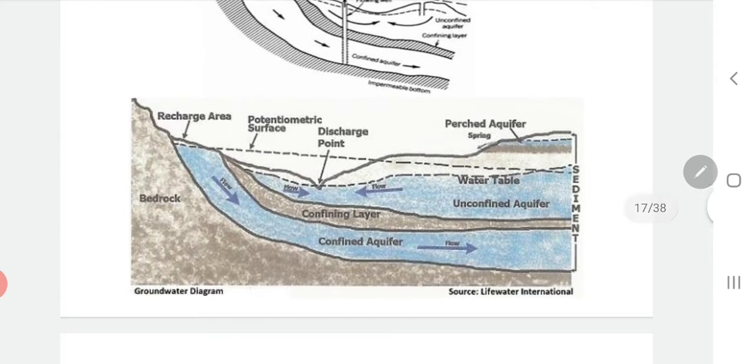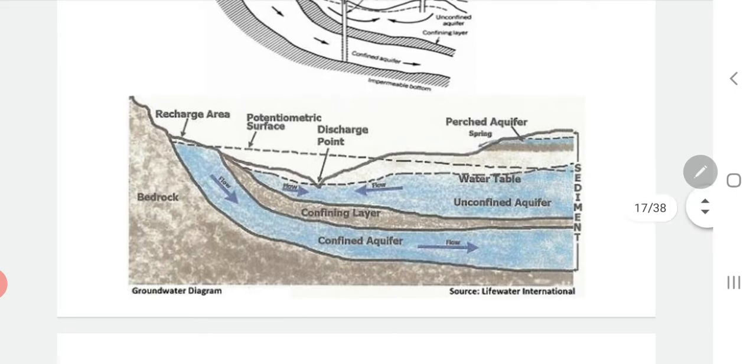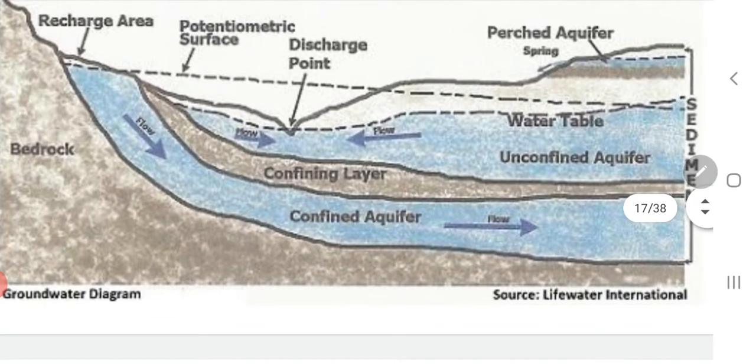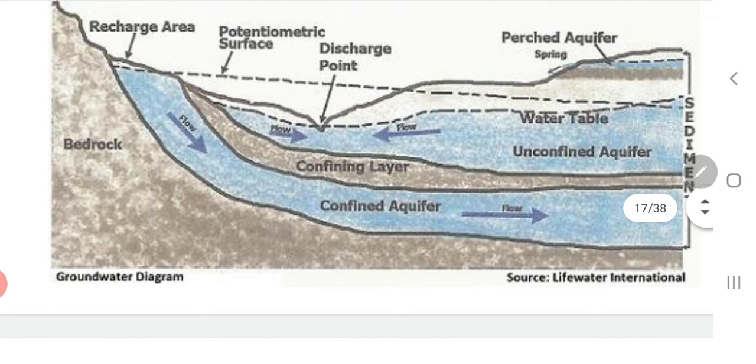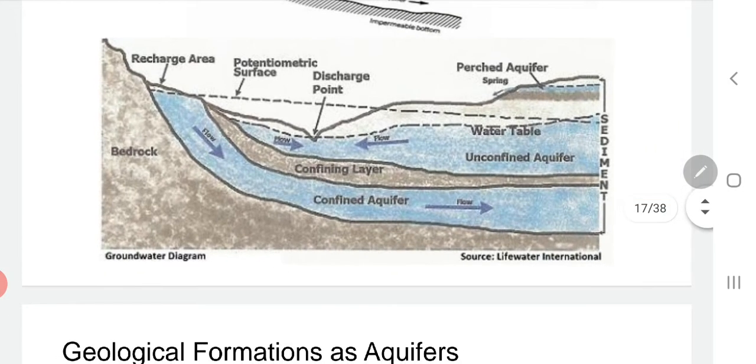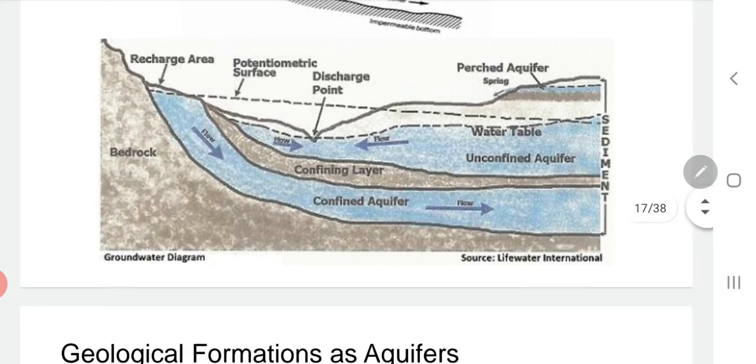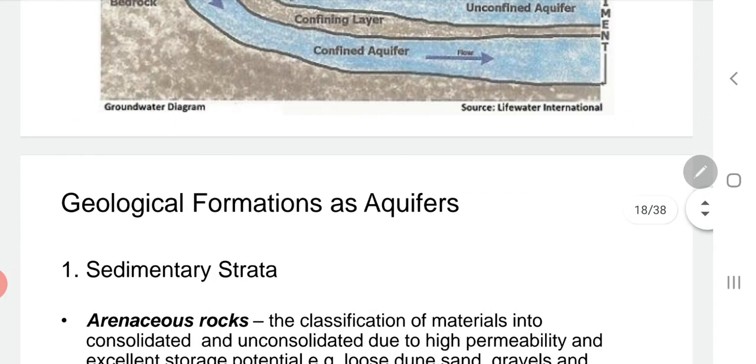For a confined aquifer, you have two definitive layers, so that we can define this aquifer as confined. So in this picture, you have the upper layer that confines the aquifer, and then you have bedrock underneath. These are two definitive layers, and we call this area a confined aquifer.